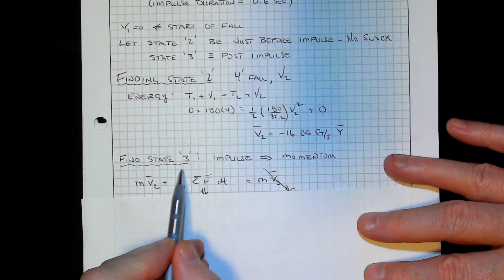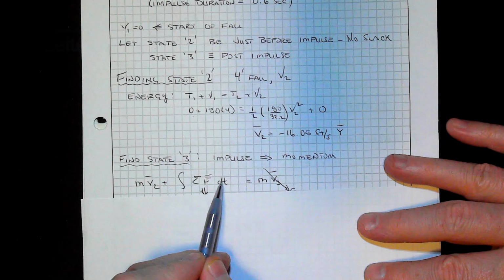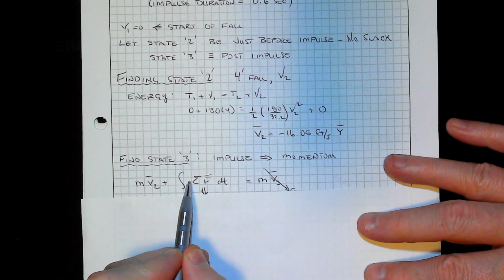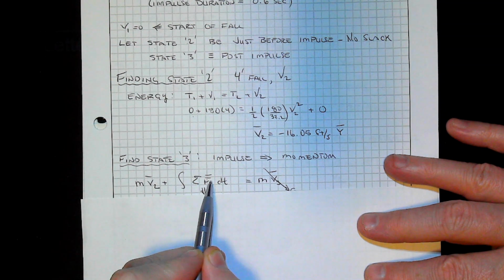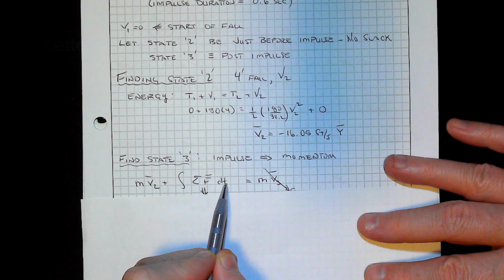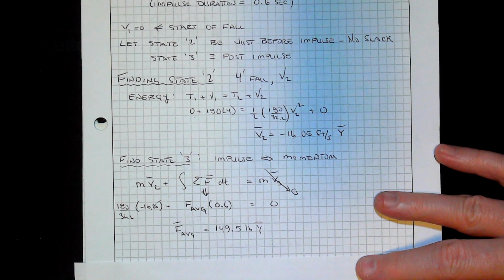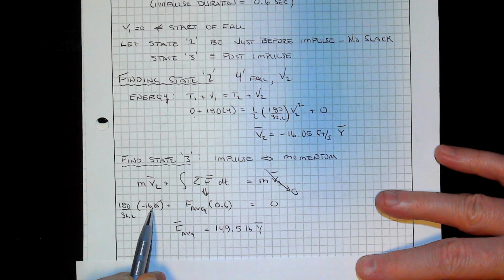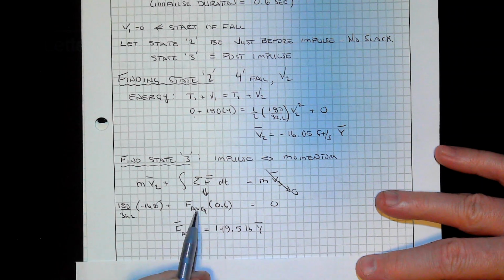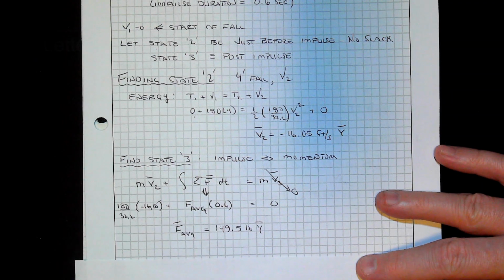And what this is saying is we want to replace this integral with an average impulse force, which is like a constant times the duration, t, which is 0.6 seconds. So here's the mass, there's the velocity. The average impulse force times 0.6 is 0. Solve for that, and it's about 150 pounds.